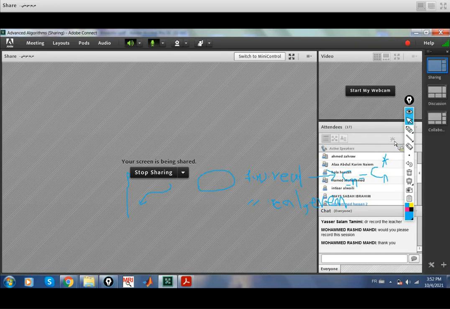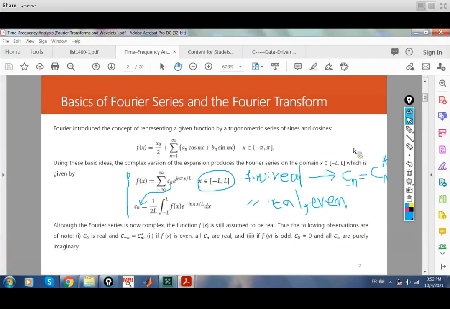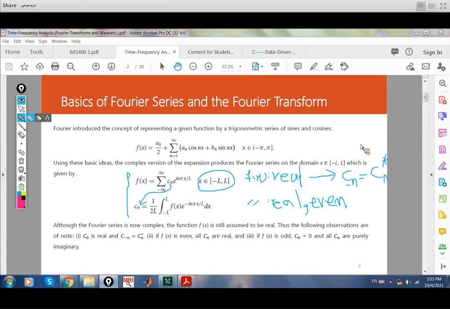This function, I'm sure you know, but maybe you forgot it. This function, like this, is an even function. The symmetry of this function is related to the vertical line.